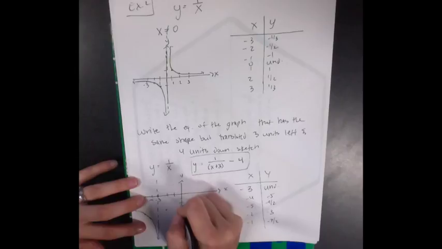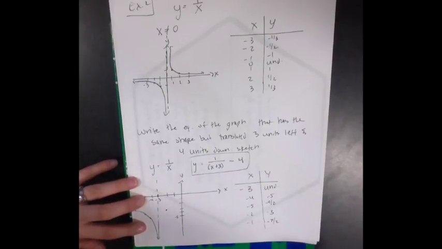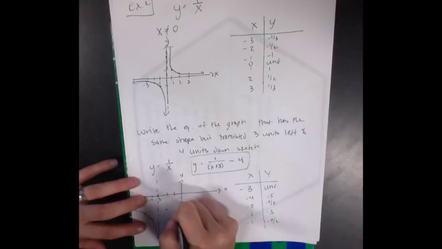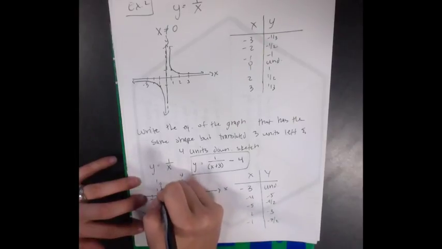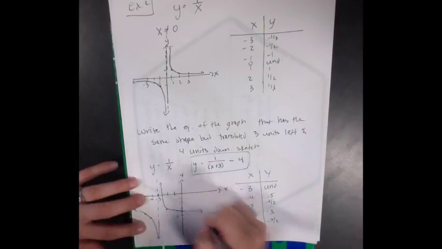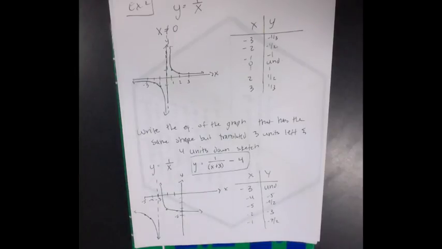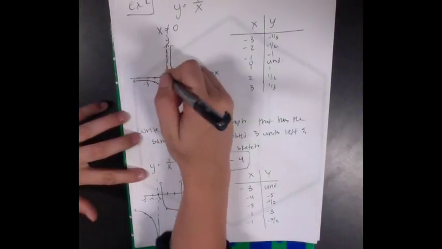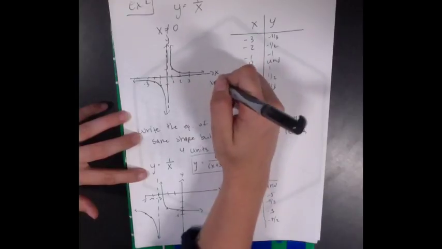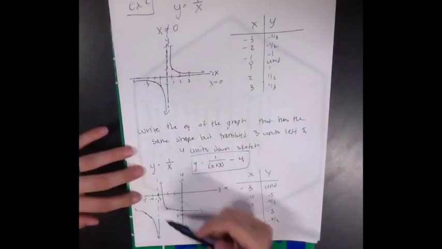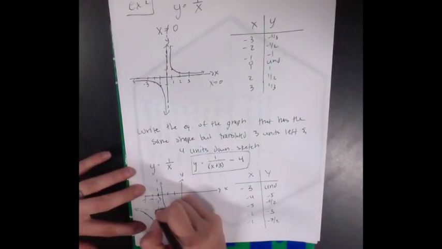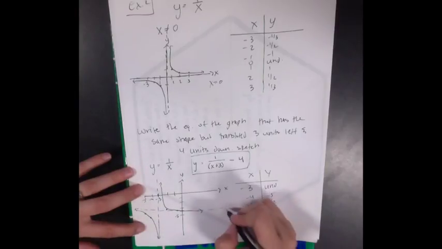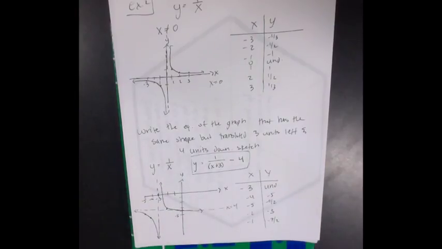So at -1, I have -7/2. And there you go. My center line at y equals 0 has also moved down 4. So it's now about at y equals -4. Those are the big key things you should be looking for.